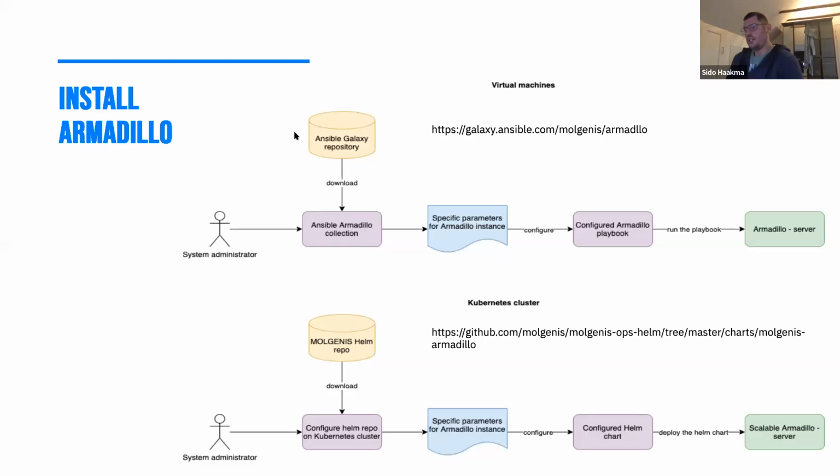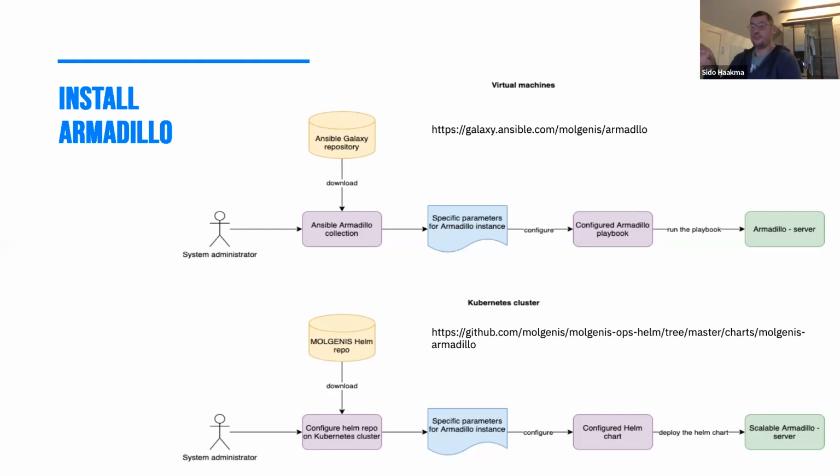And last but not least, how to install the whole deployment. This is a bit technical, but we try to stick to the methods that the system administrators use the most, we hope.